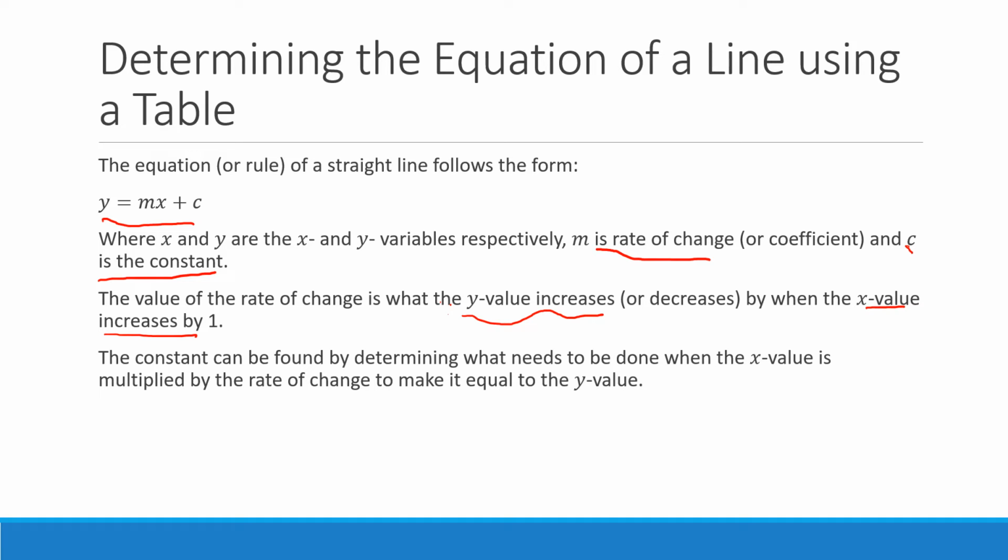That's going to be the value of m. Once we have that m value, we can work out the constant by determining what needs to be done when the x value is multiplied by the rate of change to make it equal to our y value. That sounds very wordy, but I'll go through some examples for you.